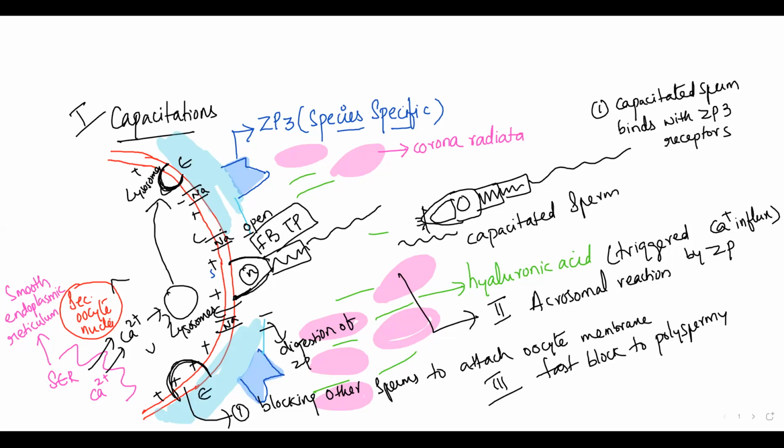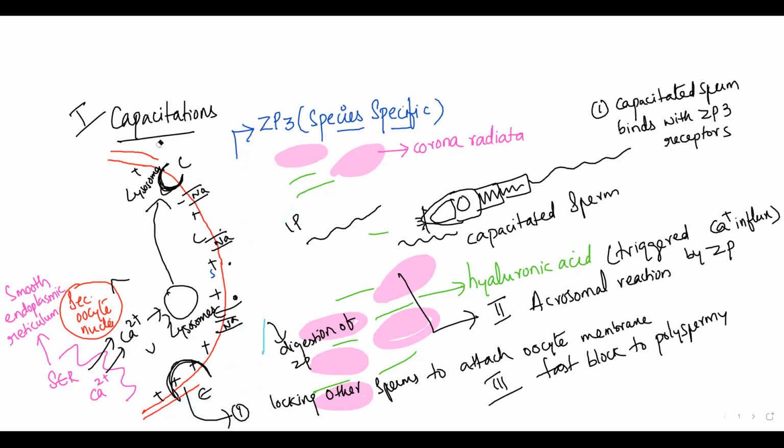Once the lysosome enzymes are released, they are going to degrade the whole zona pellucida along with the ZP3 proteins, such that there will be no more penetration by these sperms. So what are these enzymes doing?